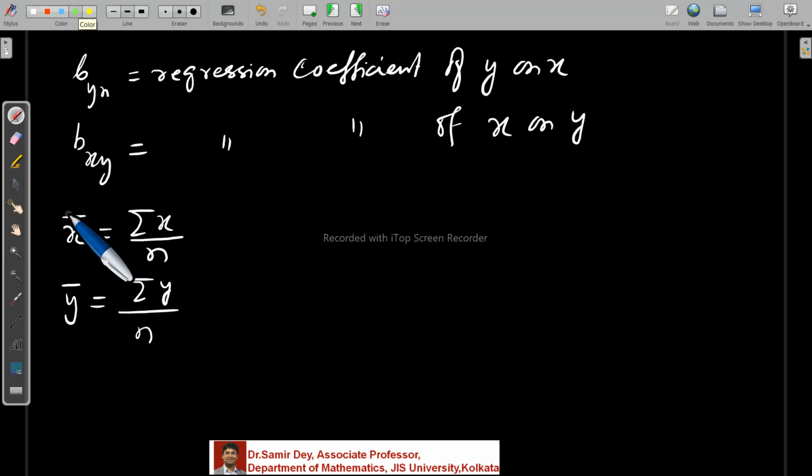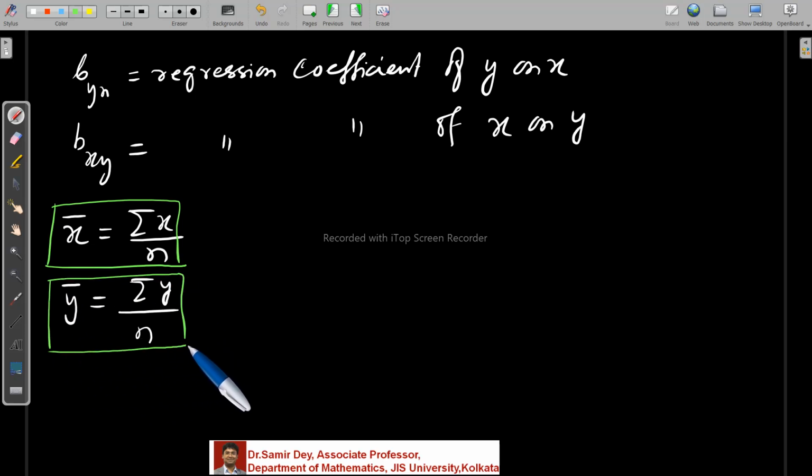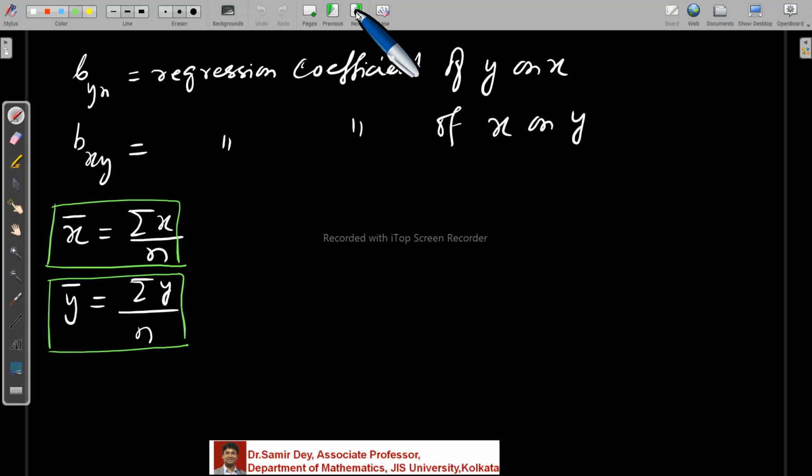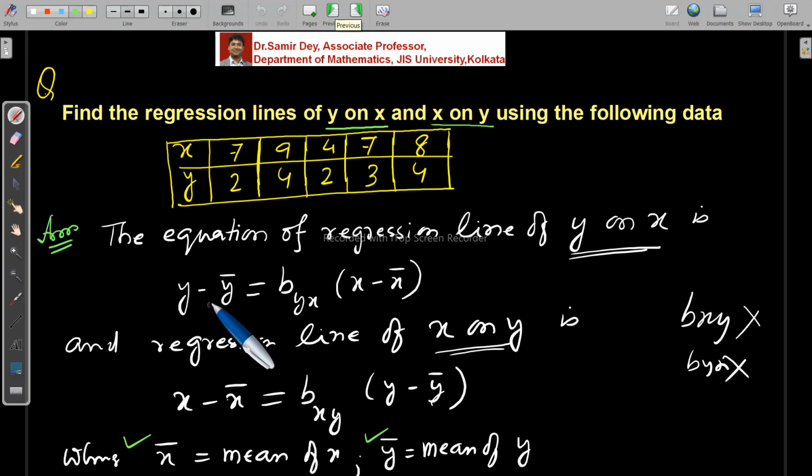By using this formula, we can identify x bar and y bar. Is it clear? There are four unknowns you have: x bar, y bar, b_yx and b_xy. If I have all these four, then we can substitute in the equations. It will be better if you write equation number 1 and equation number 2.